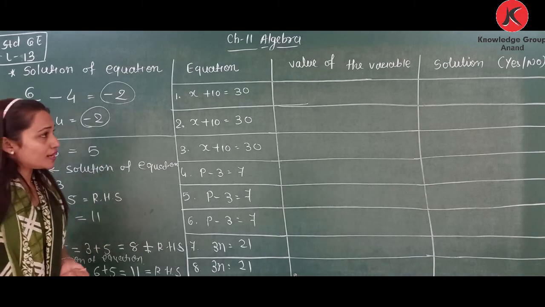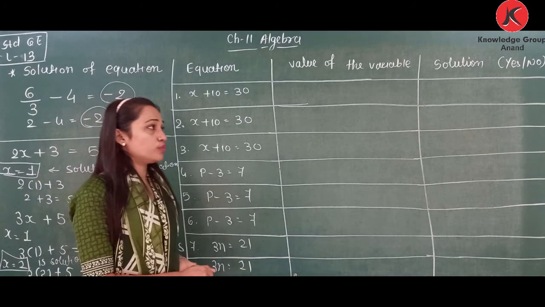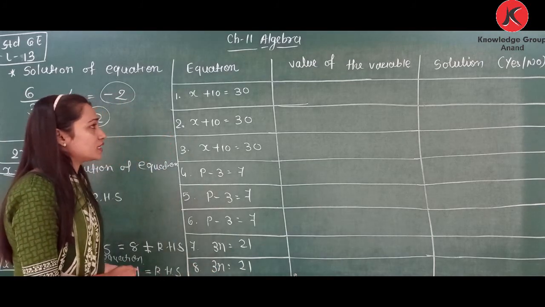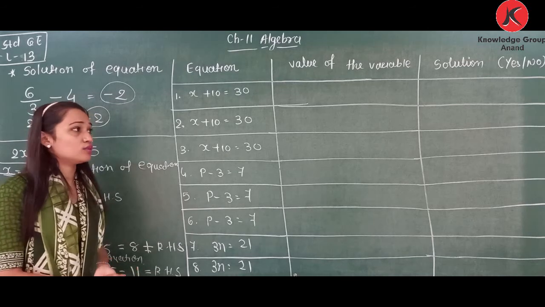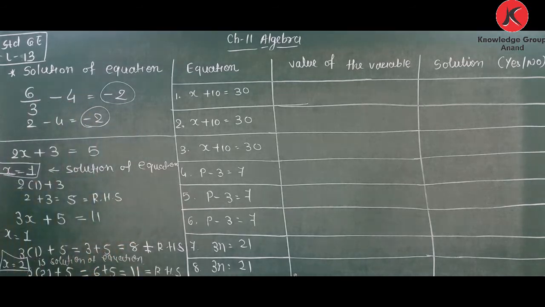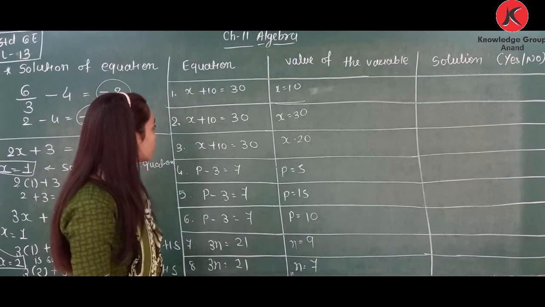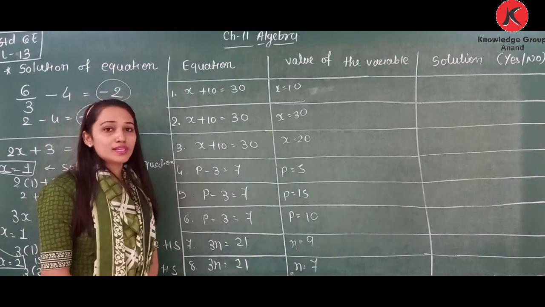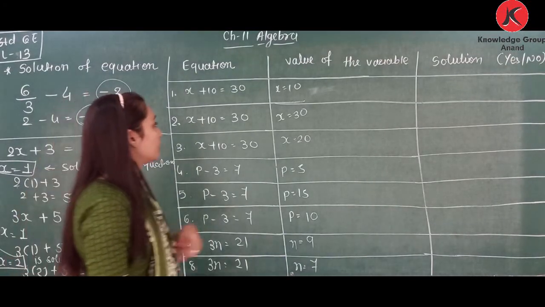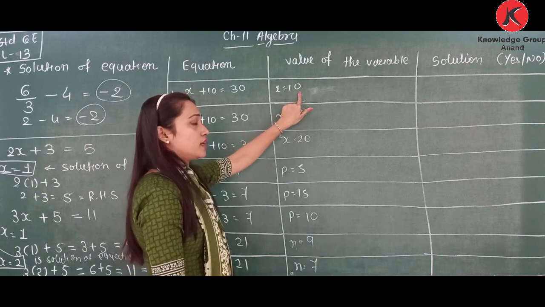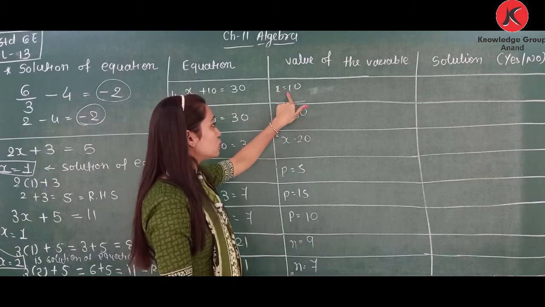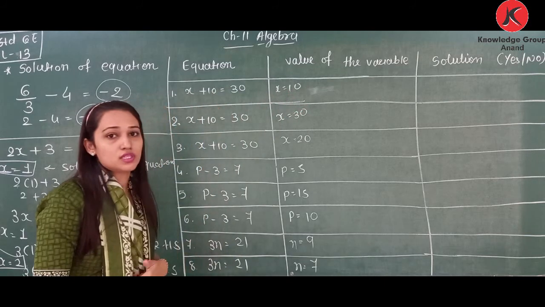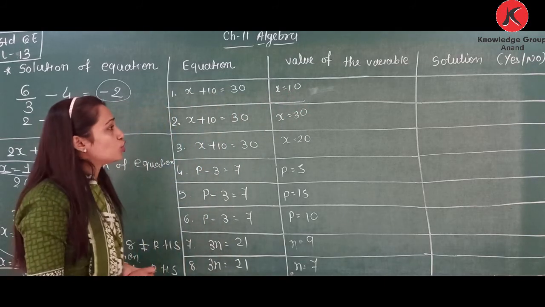So let's take some examples in which the values of variables are given and you need to find whether it is a solution or not. Here the first equation is x plus 10 is equal to 30 and the value of x is given as 10. Now we need to find whether x is equal to 10 is a solution of the equation. How can we say it is a solution or not?